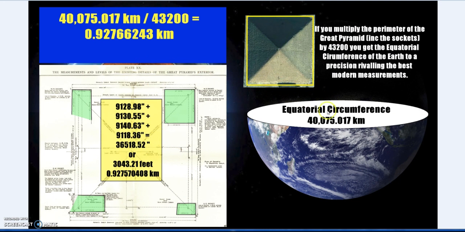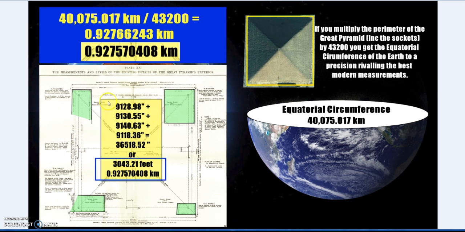So if we divide the equatorial circumference by 43,200, we get 0.9726643 kilometers. The perimeter of the Great Pyramid, essential to include the sockets there, is 0.927504.